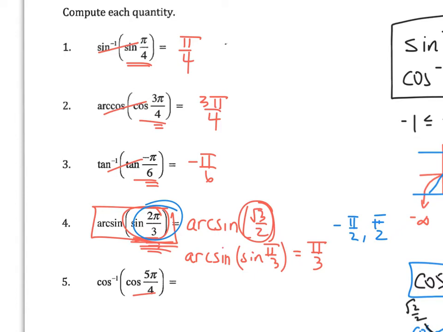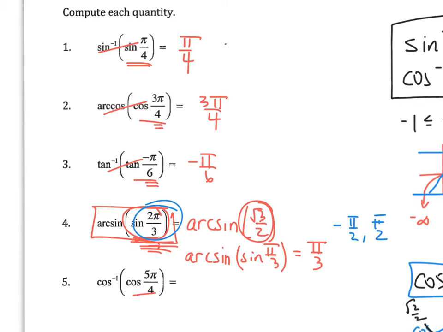Okay, so you have a chance to test it out another time. Number 5. Now remember, cosine has to be between what two values? 0 and pi. Is 5 pi over 4 between 0 and pi? No, it is not. So what would the alter ego be for 5 pi over 4?